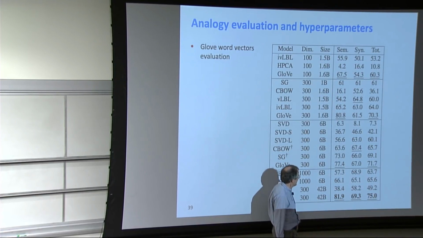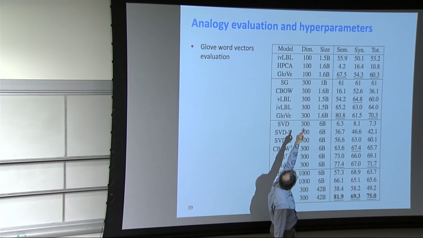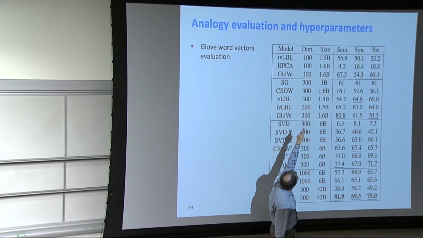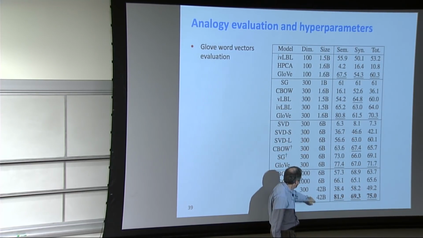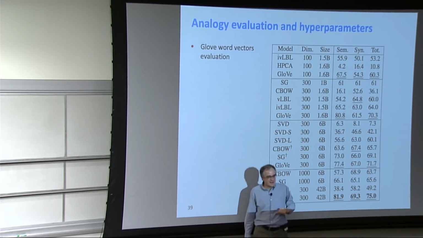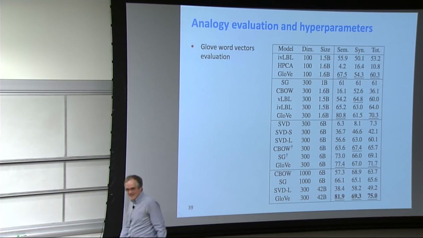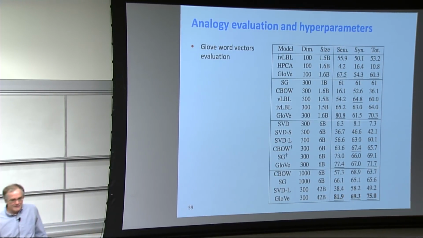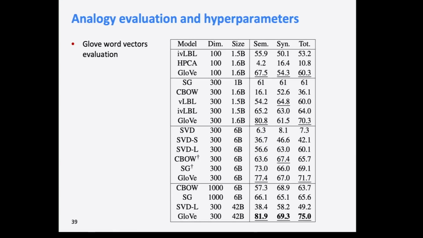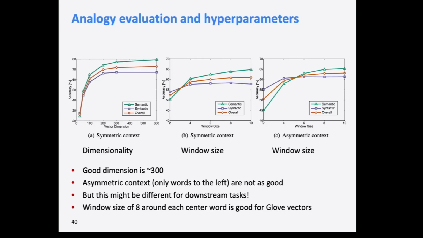The amount of text makes a difference as well. We're going up from 1 to 1.5 billion words at the beginning to these ones down here, which are trained over 42 billion words of text, and perhaps unsurprisingly, the 42 billion word ones work better. So it's big data. Here are a couple more stats from this paper. This is a graph of dimensionality and what the performance is.